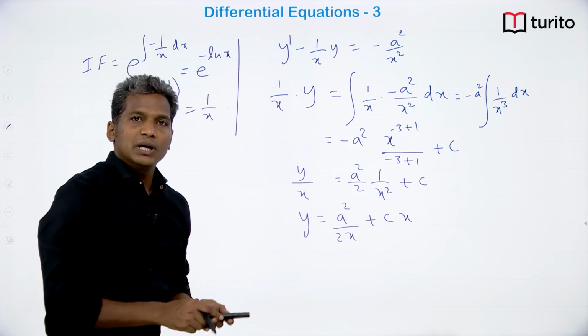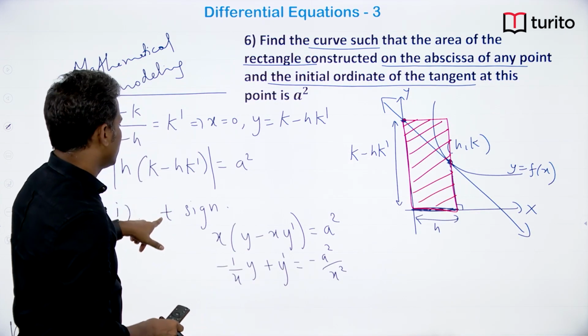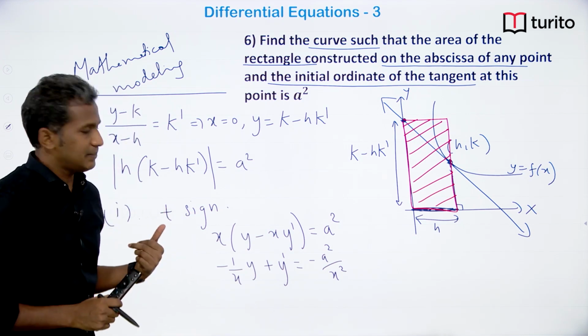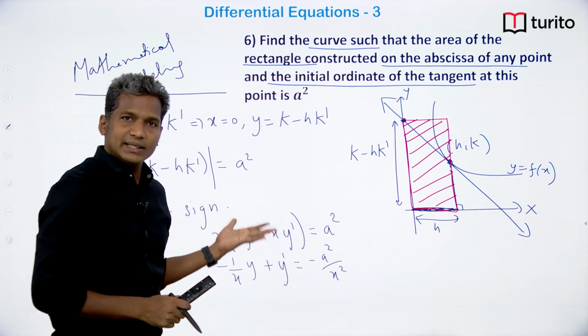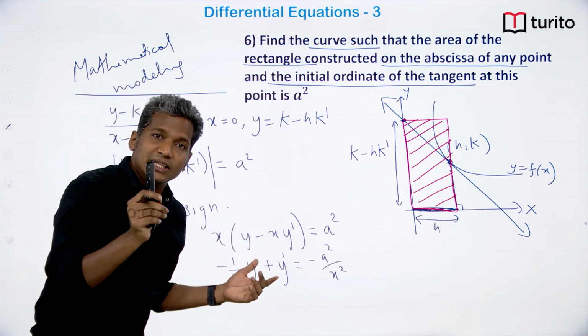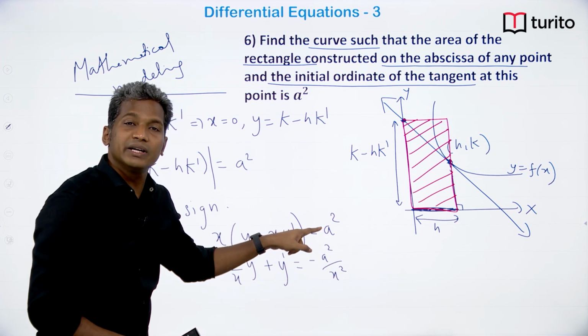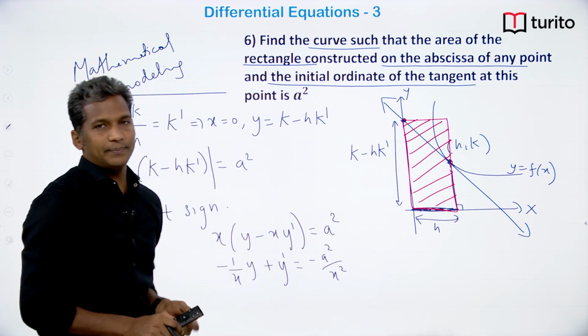But hold on, we have taken only one sign here, right? Plus sign. What if I had taken the minus sign? If I had taken the minus sign, the only term that will change will be this a square term. So in place of a square we will be getting minus a square.